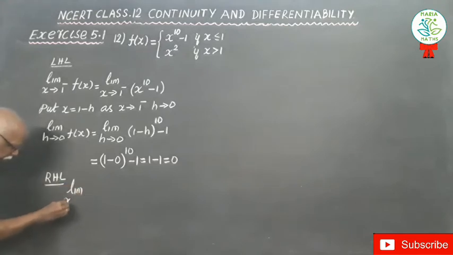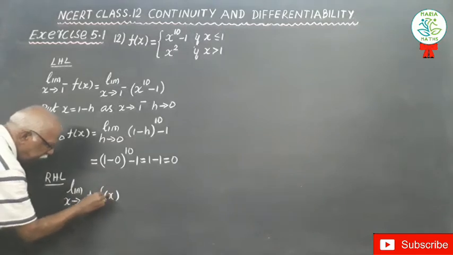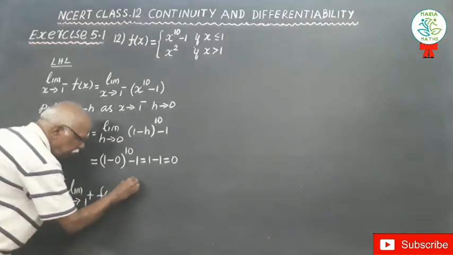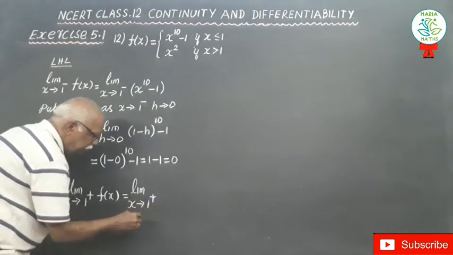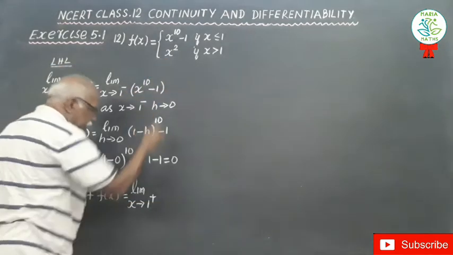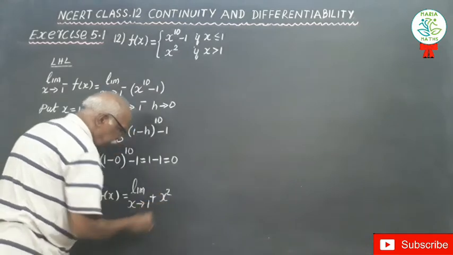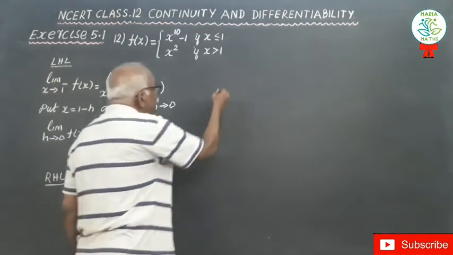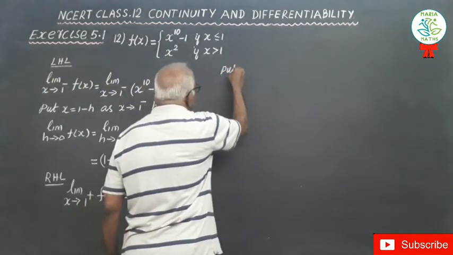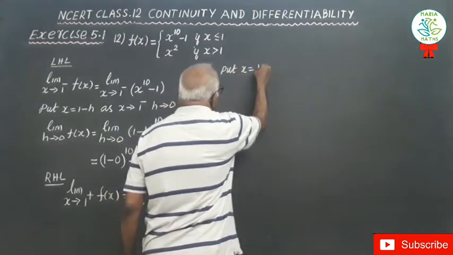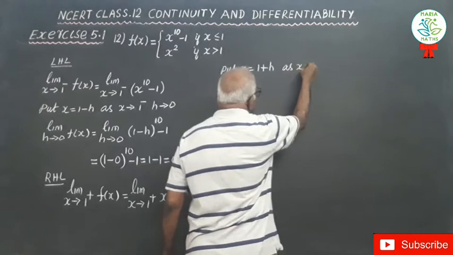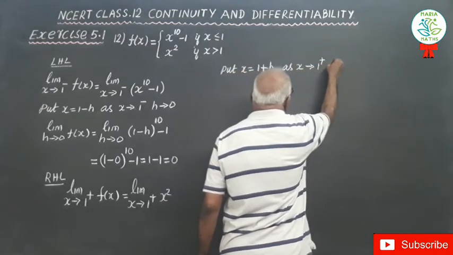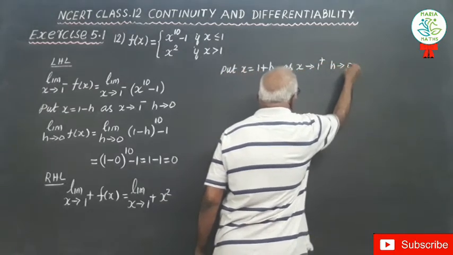Limit x tends to 1 plus f of x is equal to limit x tends to 1 plus, f of x is x square. Put x is equal to 1 plus h. As x tends to 1 plus, h tends to 0.